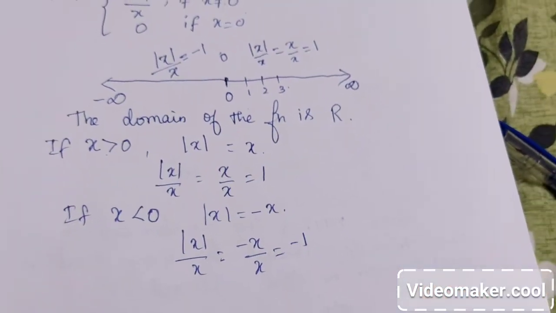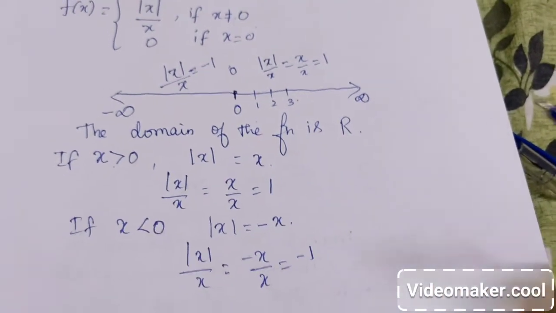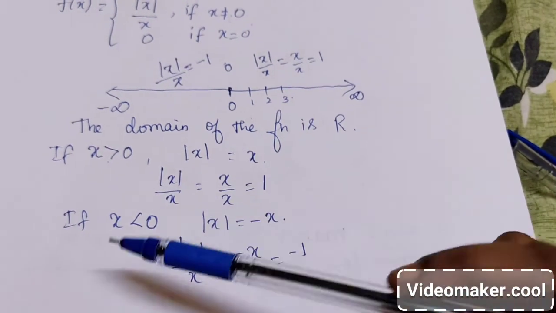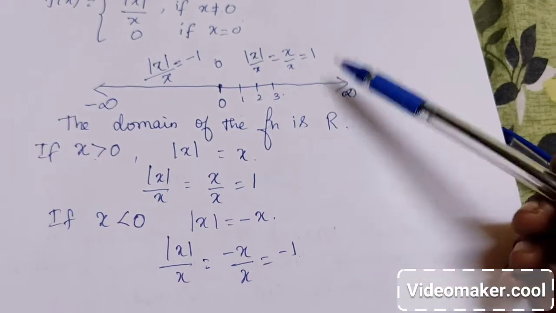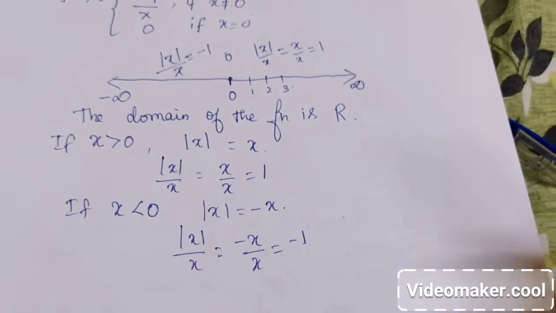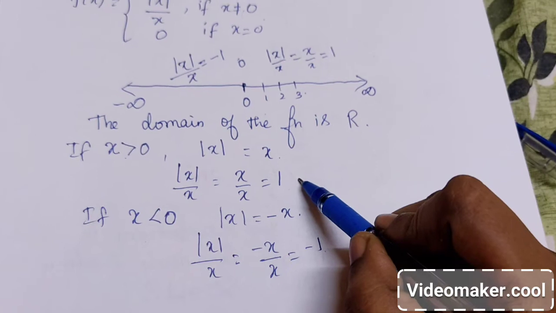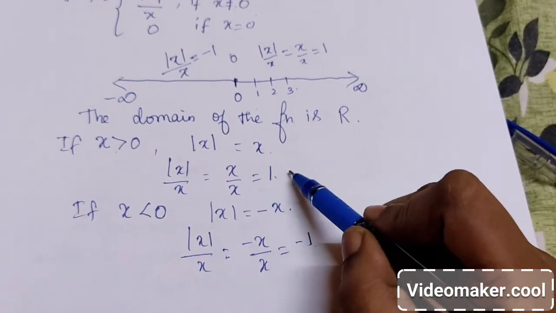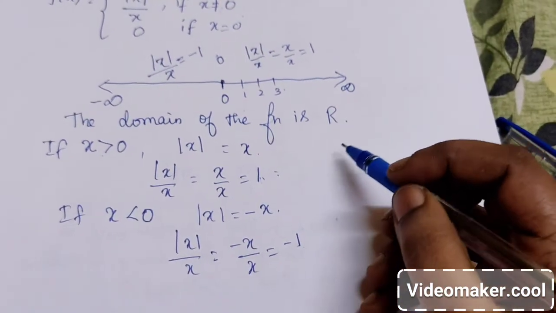So for all positive real numbers the functional value is 1, and for negative numbers the functional value is minus 1. But we have to worry about the point 0. For all positive real numbers the function carries the value 1, which is constant, so the function is continuous for all positive real numbers.